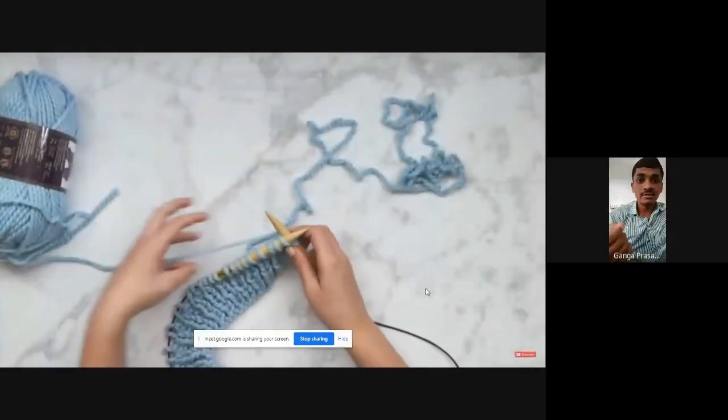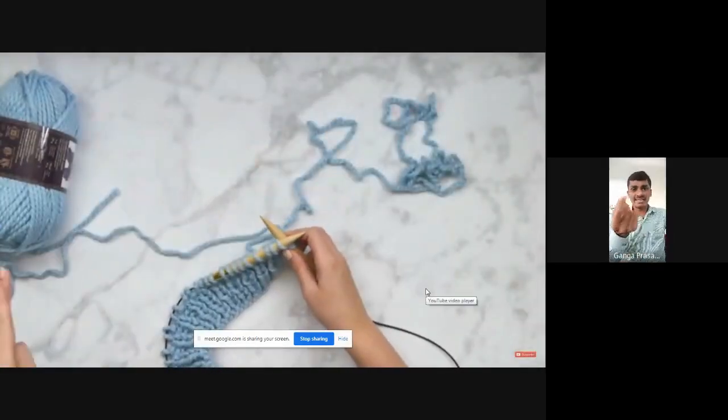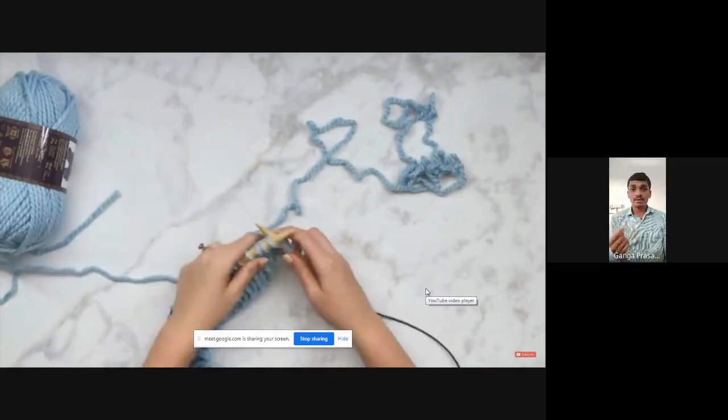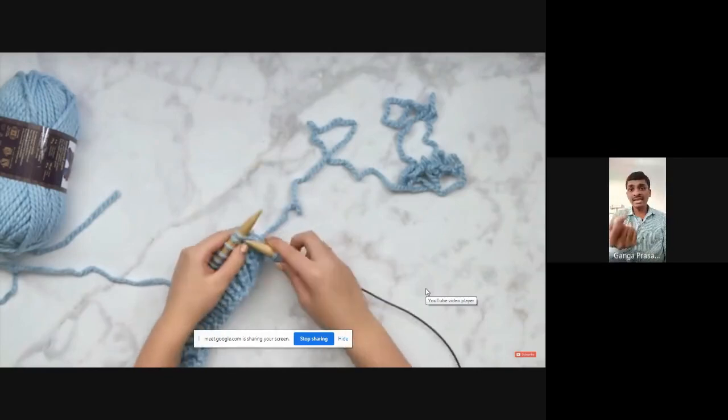See here, she is making a sweater by using a single yarn.